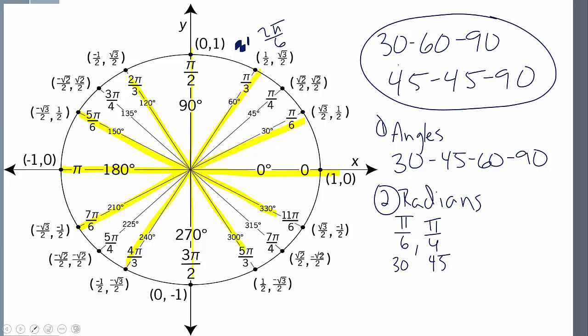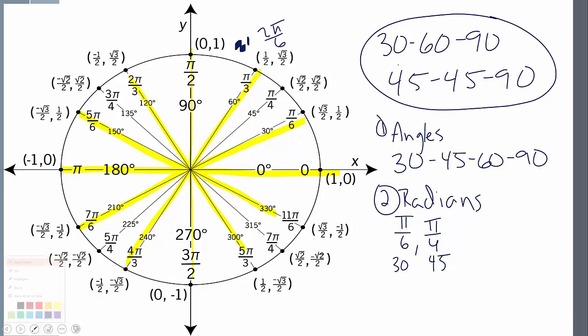The 3 and the 6 reduce into pi halves. 4 pi sixths reduces into 2 pi thirds. 5 pi sixths. 6 pi sixths. 7, 8 pi sixths. 9 pi sixths, which reduces into 3 pi halves. 10 pi sixths, which reduces into 5 pi thirds. 11 pi sixths, and 12 pi sixths, which gets us back to the 360 or 2 pi.